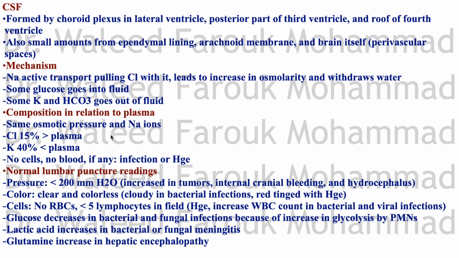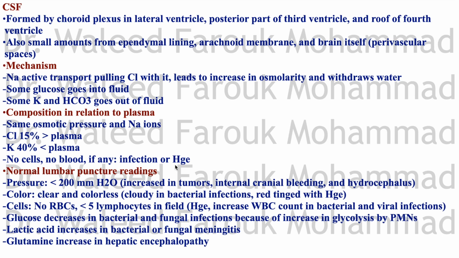So in composition, you'll expect that the chloride is more than that of plasma. Potassium is less than the plasma. It should be free of cells, free of blood. If you see any cells or any blood, this suggests infection or hemorrhage.